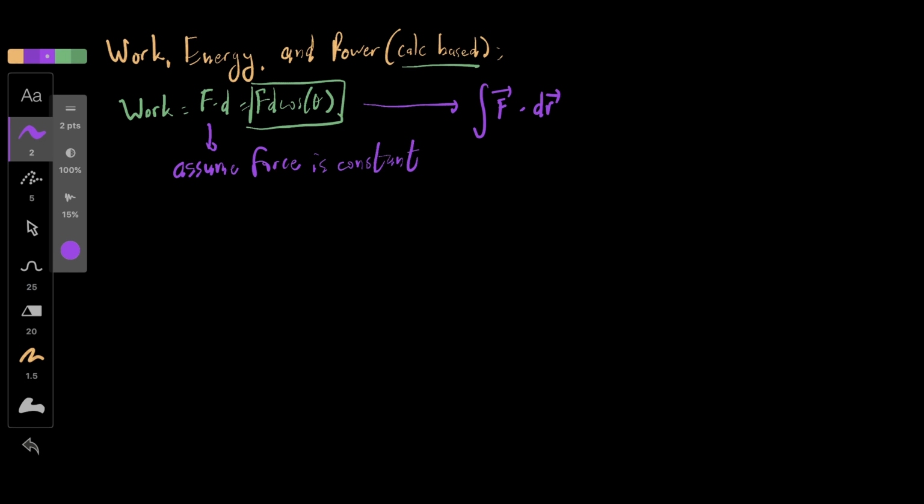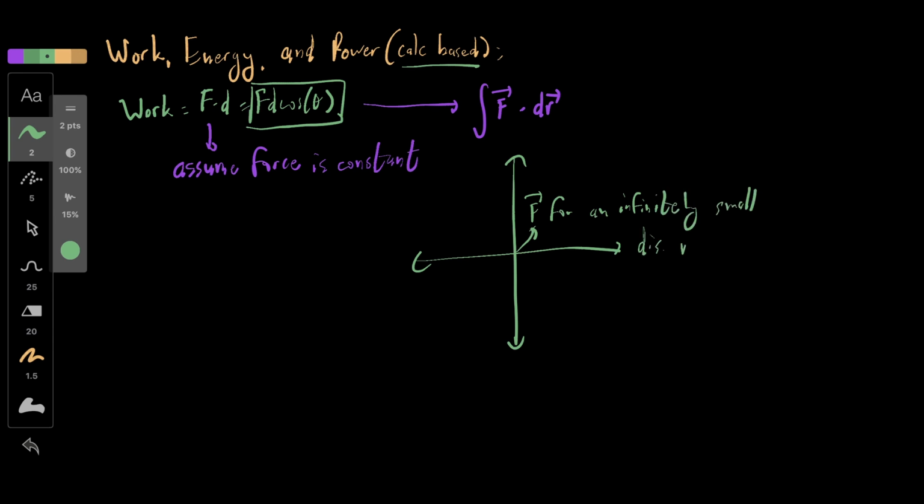That's saying, let's say we have a coordinate plane like this, and we'll draw our force vector and stuff. So over here. Now we have our force vector facing this direction for an infinitely small distance dr. Instead of differentiating with time where we do very small intervals of time, we integrate it by distance.